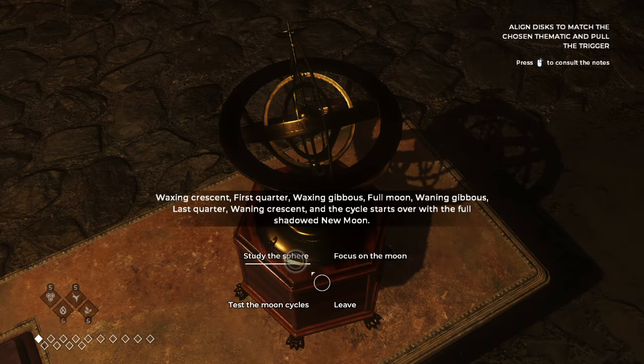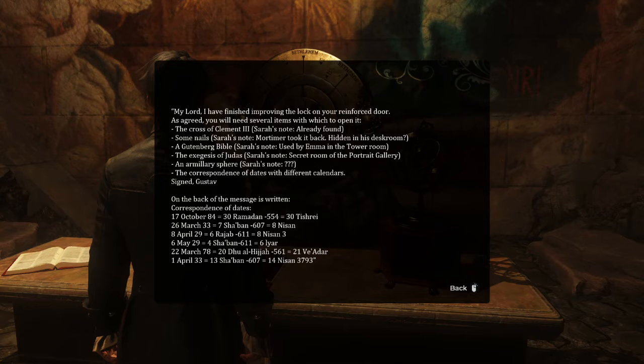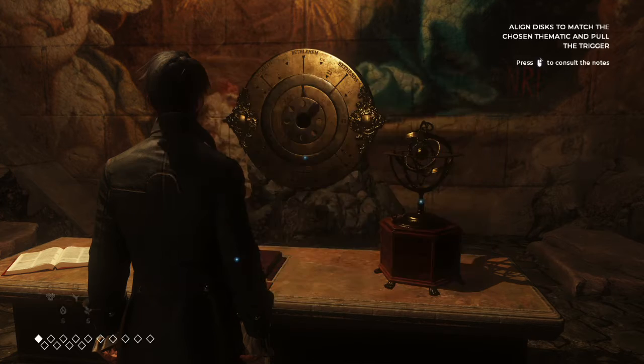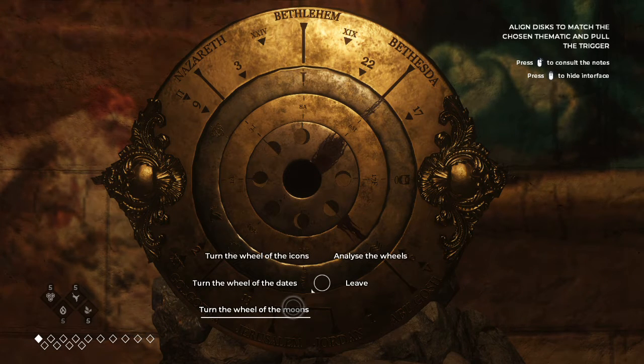Okay. Wait. Dates. The 8th of Nisan would be the 26th of March. And then we want the waxing gibbous.